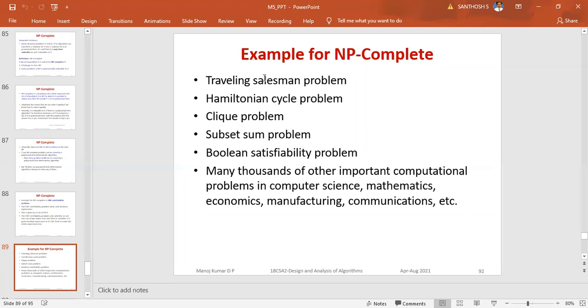Similarly, we have the Hamiltonian cycle problem, clique problem, subset sum problem, Boolean satisfiability problem, and many thousands of computational problems in computer science, mathematics, economics, and communications that come under NP complete problems only.